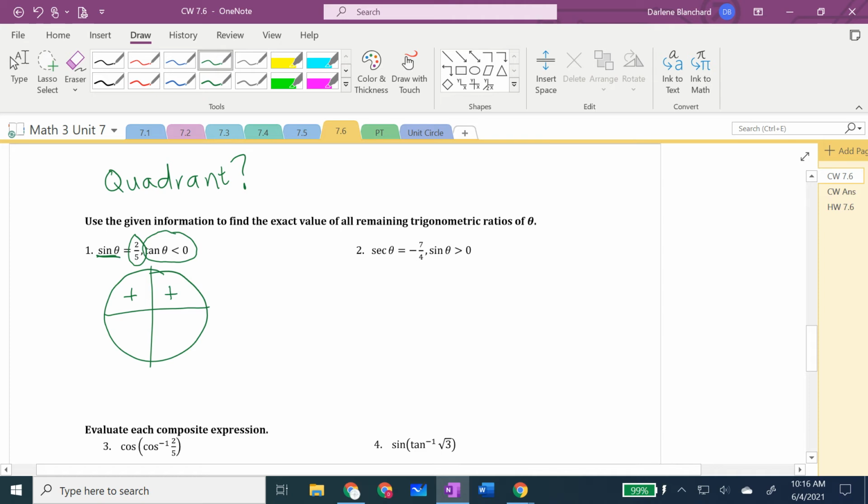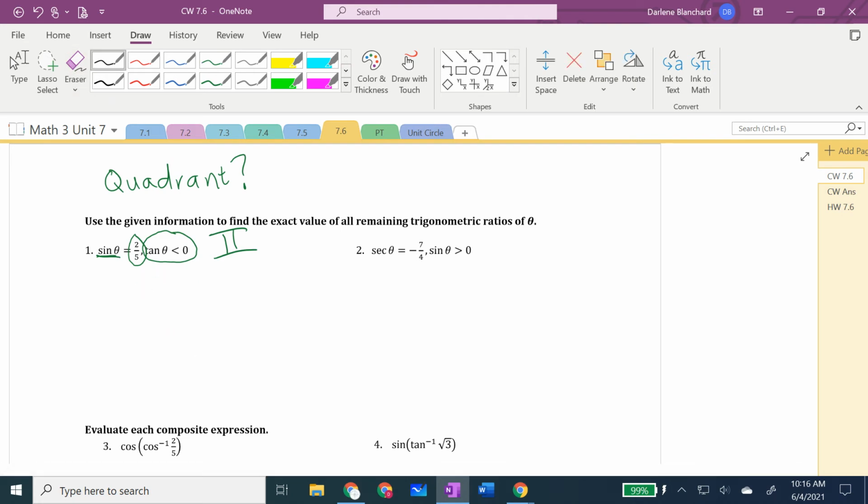And my tangent is negative in quadrants 2 and 4. So if I need my sine to be positive and my tangent to be negative, I must be in quadrant 2. Once you know what quadrant you are in, you know the positive negative sign of all of your trig functions.